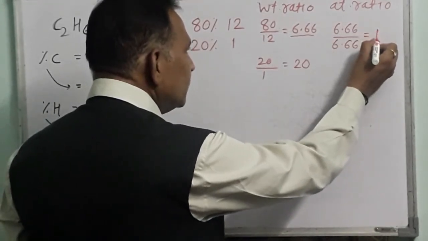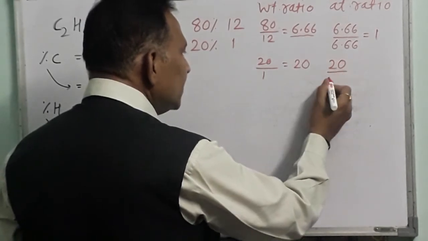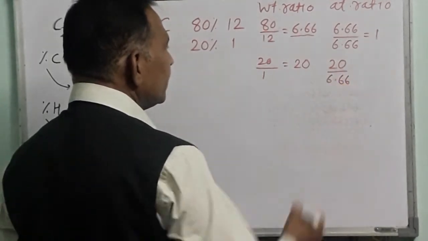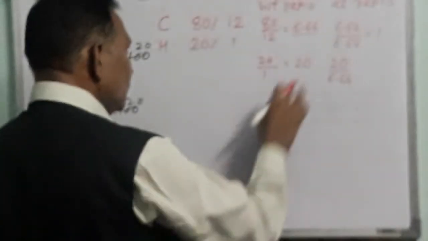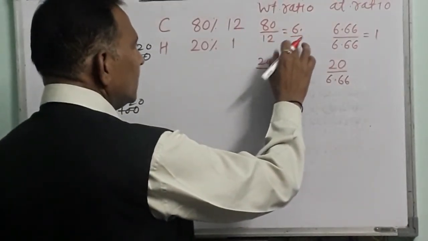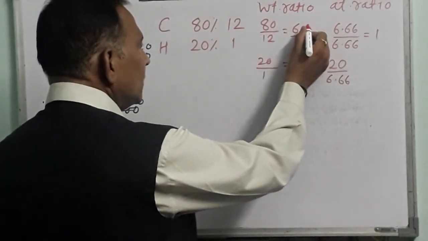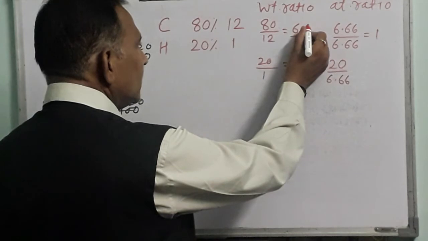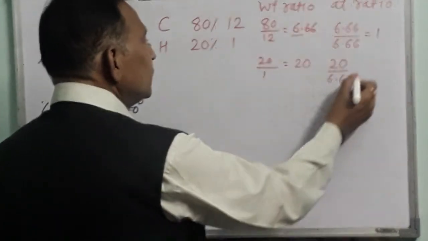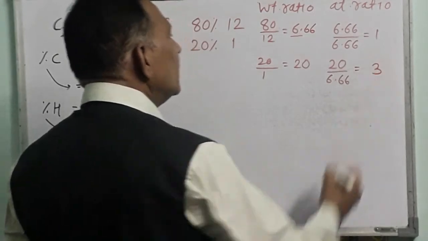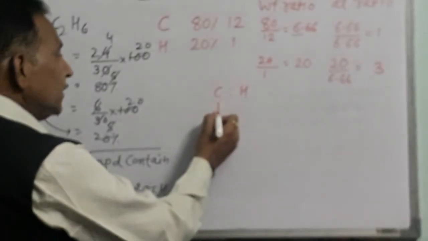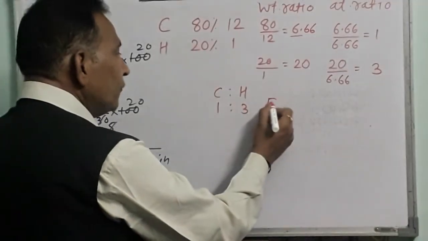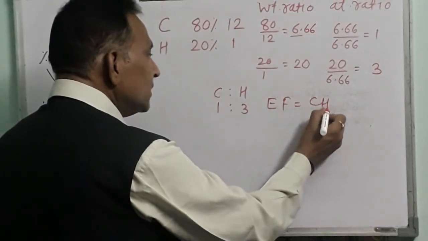The answer comes to be equal to 1, and we'll divide this 20 by 6.66, which is equal to 3. So we are getting the ratio of carbon and hydrogen as 1:3, and therefore we state the empirical formula is CH3.